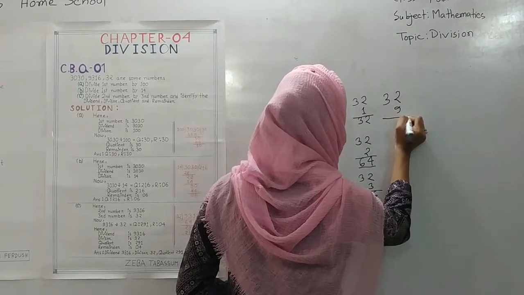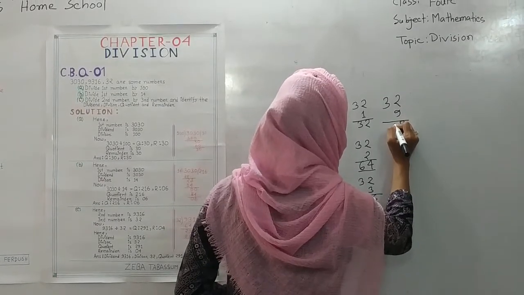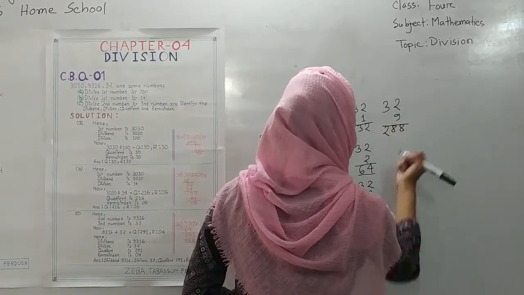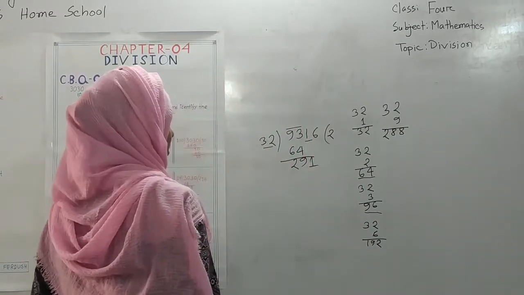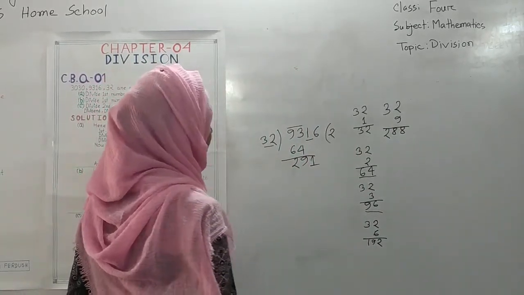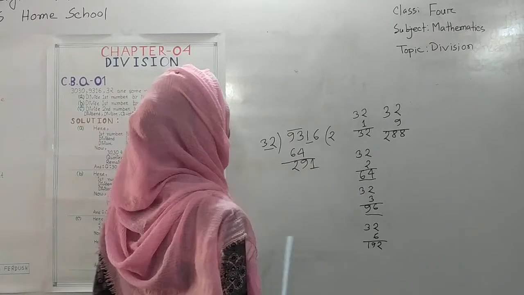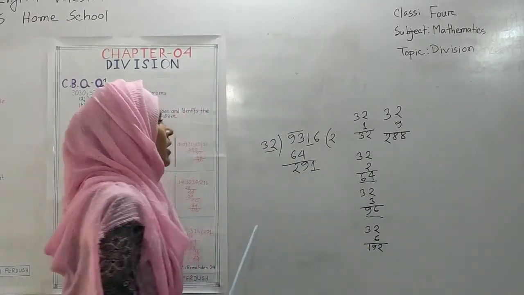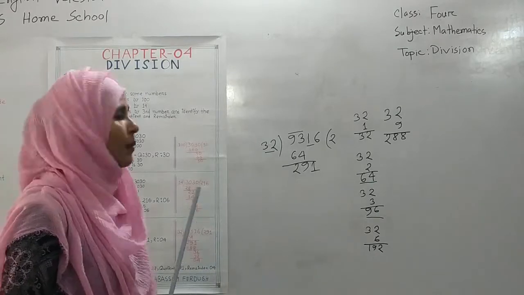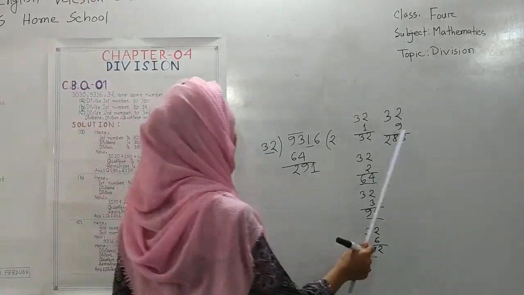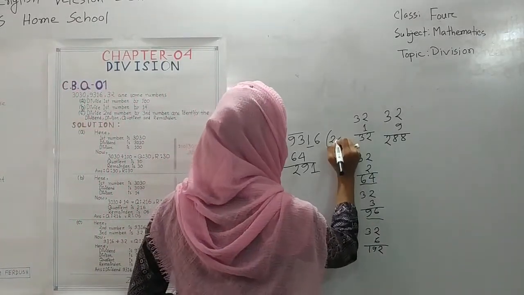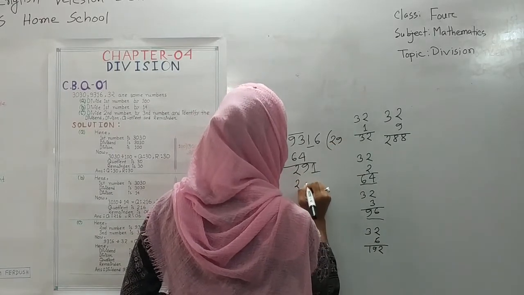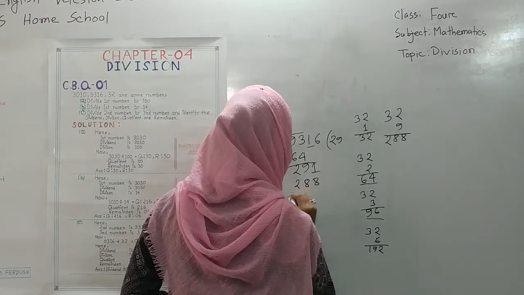9 times 32 equals 288. Here we see that 9 times 32 equals 288, which is close to 291. So we have to consider the digit 9, that is 9 times 32 equals 288.